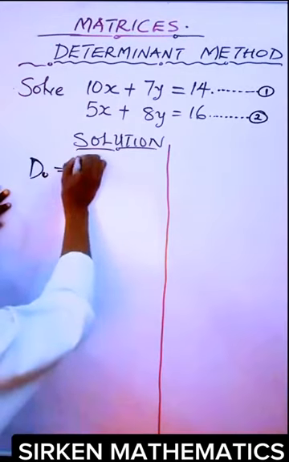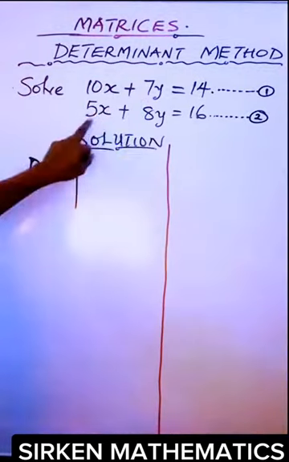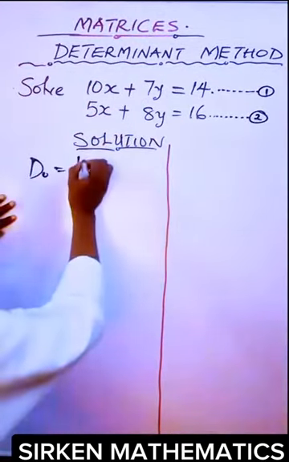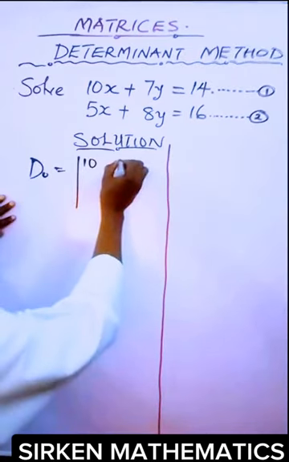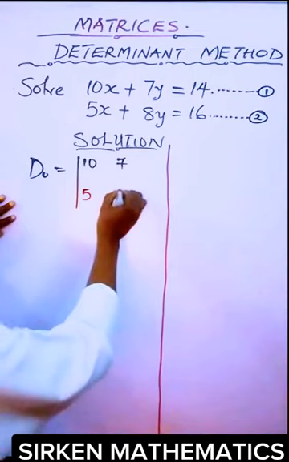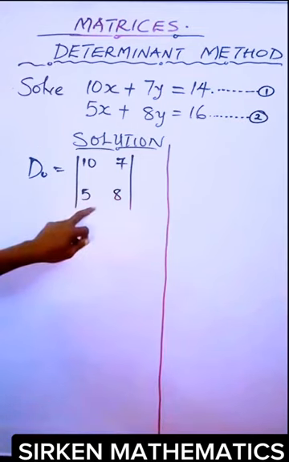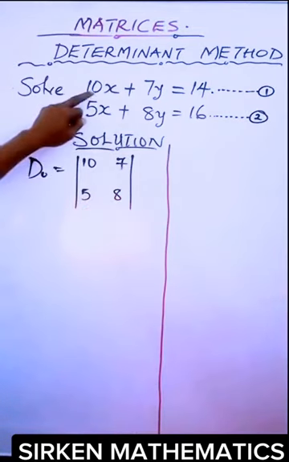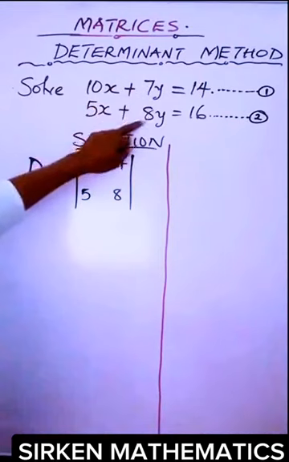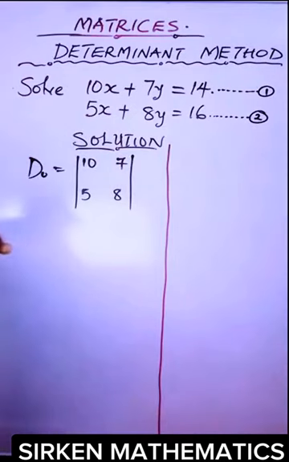I will form a matrix with the coefficients. That is 10, 7, 5, and 8. I will form a determinant matrix with the use of their respective coefficients. Do you get? Now, how do I get my determinant?